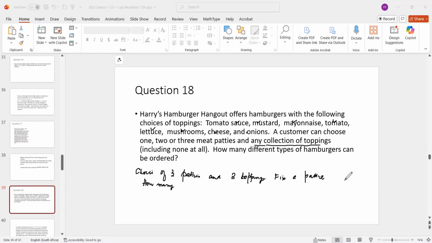Now that patty can have, on top of it, none or 1 or 2 choices or 3 or 4 and so on, right? So how many different types of hamburgers can you create? That's what they wanted to know. How many different types exist?